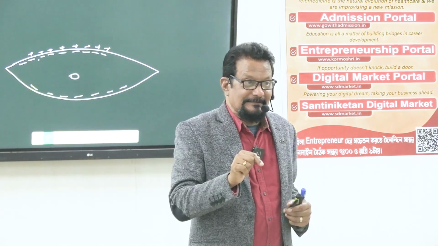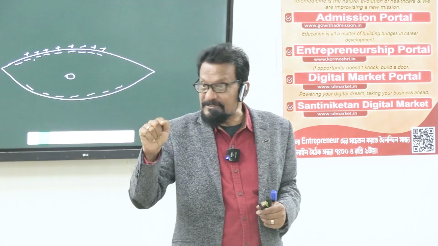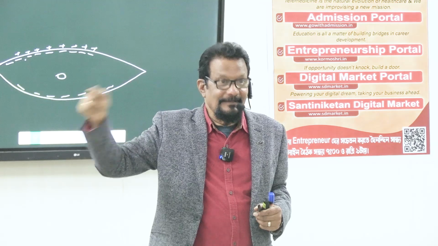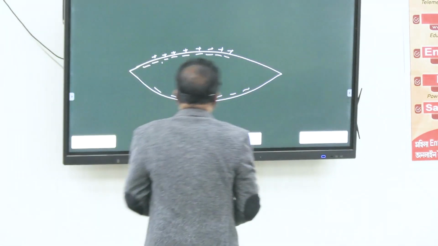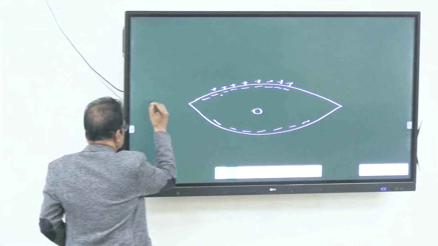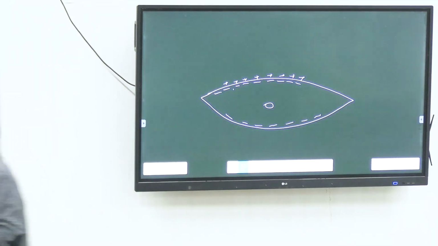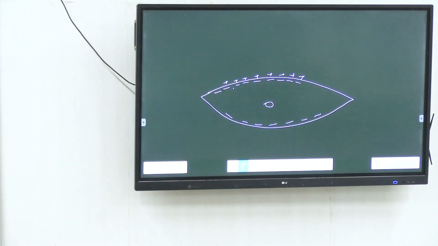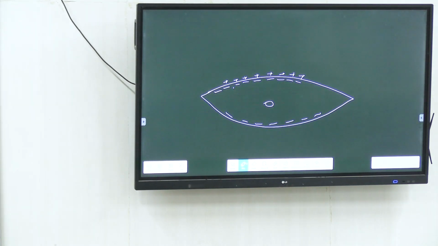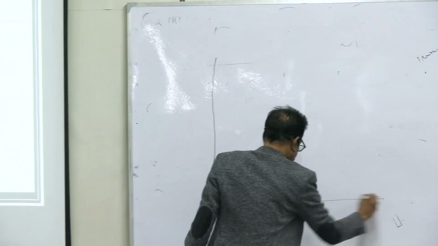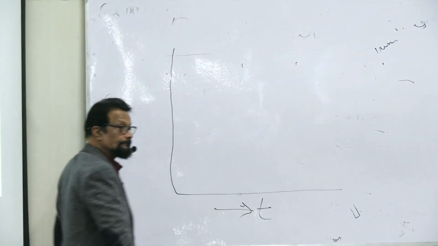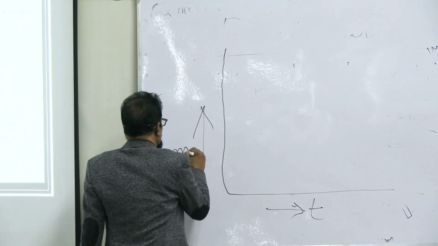So only in case of smooth muscle you will find resting membrane potential not fixed but undulating, a rhythmic change in potential. Let us draw a graph. Time. Millivolt.